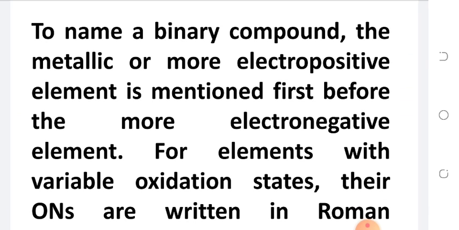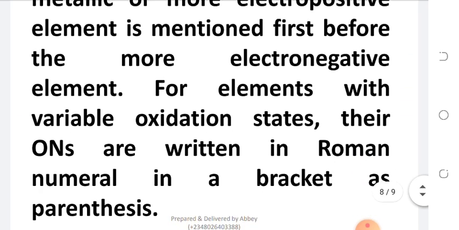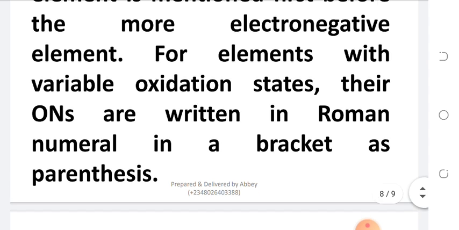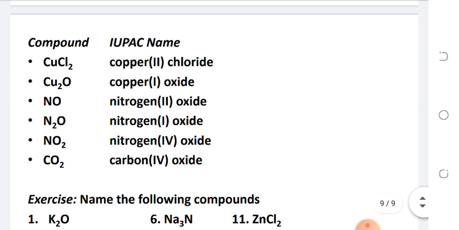For elements with variable oxidation states, when you are naming a binary compound, you call the oxidation number. The oxidation number of such elements is written in Roman figure inside brackets as a parenthesis to the name of that element.